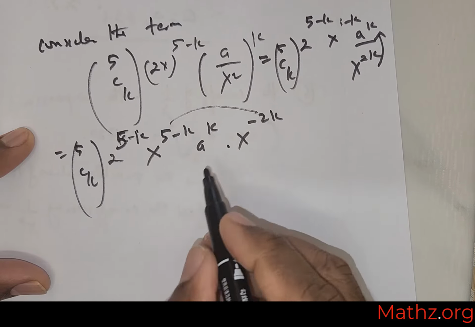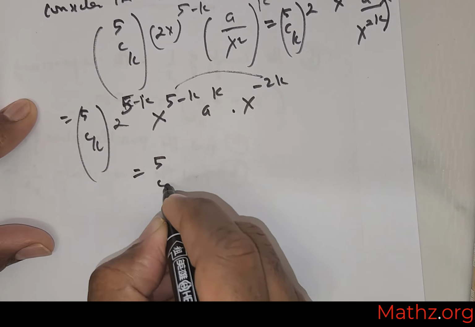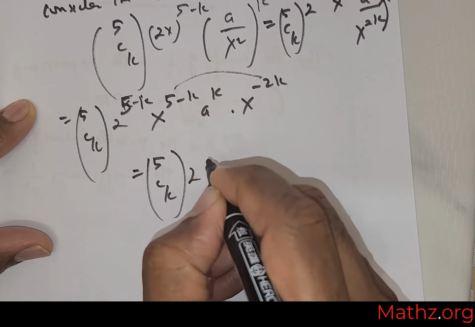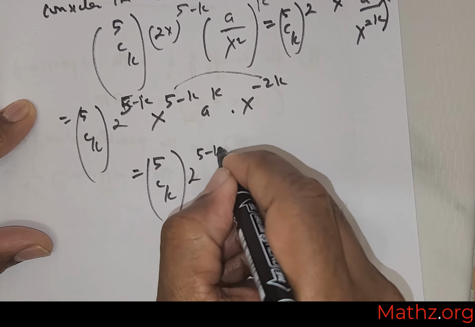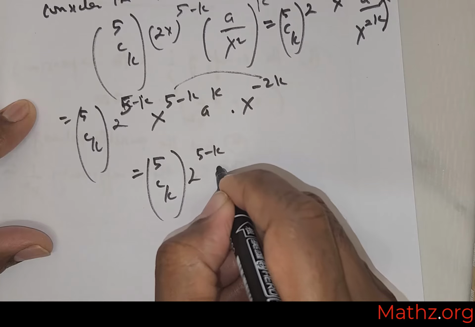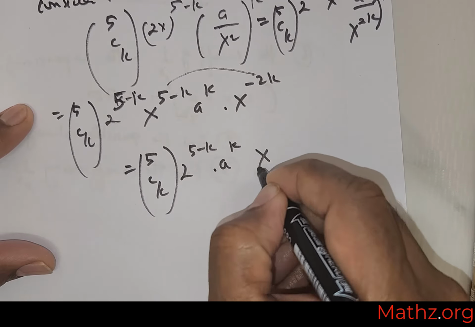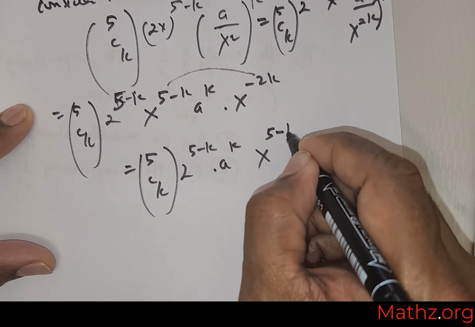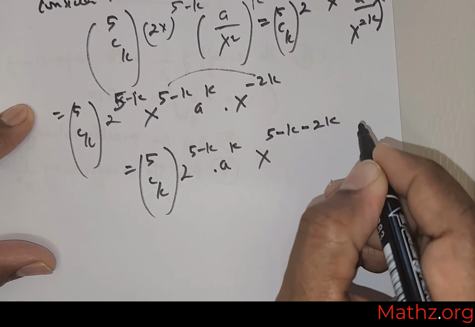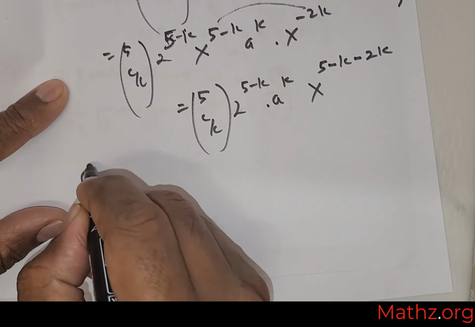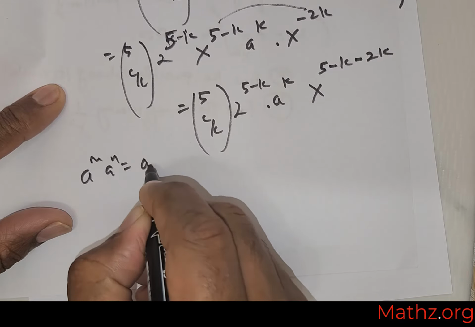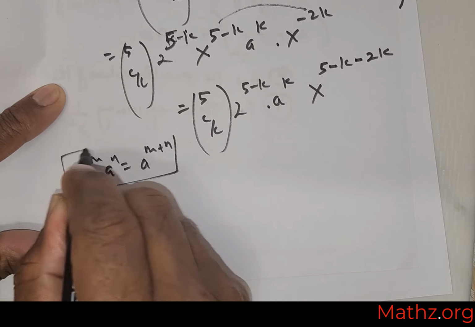Now club these two together. So this is equal to 5Ck times 2^(5-k) times a^k times x^(5-k-2k). Why do I write it like this? Because a^m times a^n is a^(m+n).